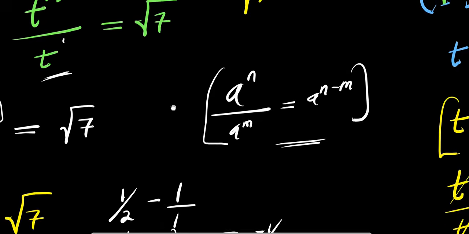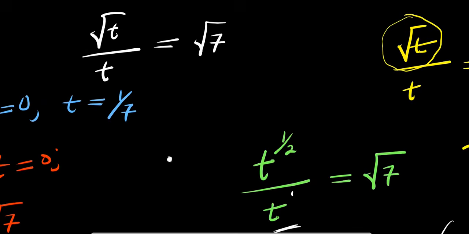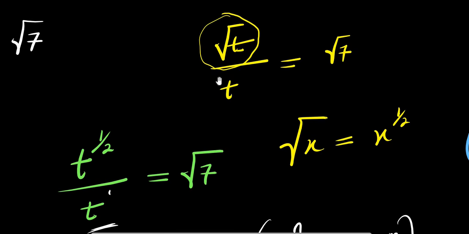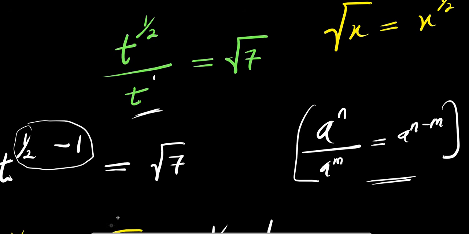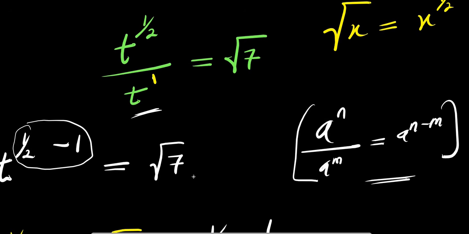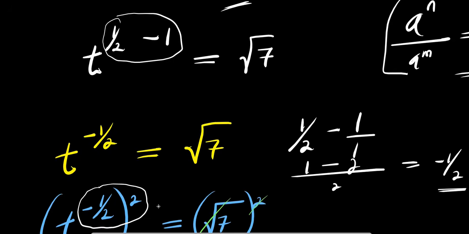Now in the second approach, we started by considering this identity. If you have square root of a, that is the same thing as a power 1 over 2. So square root of t is the same thing as t power 1 over 2. Because the t here is raised to the power of 1, we have 1 over 2 minus 1, which is negative 1 over 2, which is here.